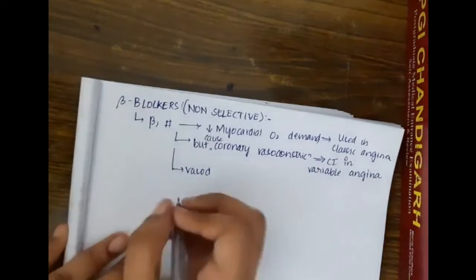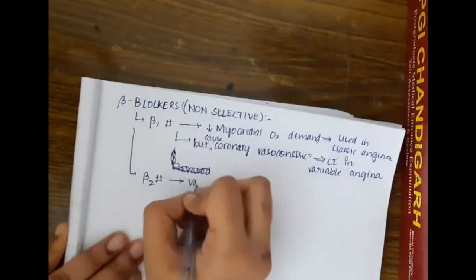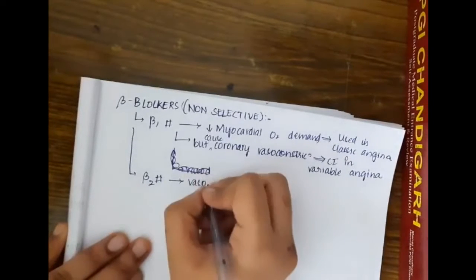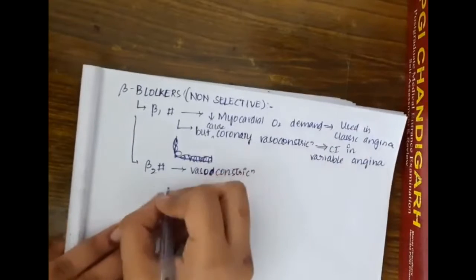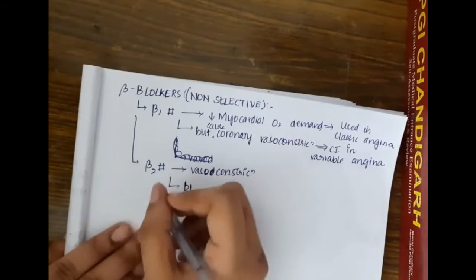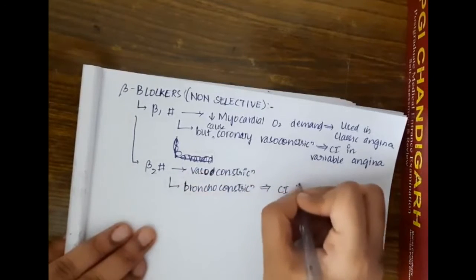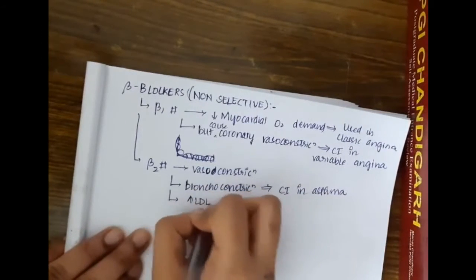Then because of the blockade of beta 2 receptor, this beta 2 blockade causes vasoconstriction, and this vasoconstriction can worsen peripheral vascular disease. Beta 2 blockade also causes bronchoconstriction, so these are contraindicated in asthma.